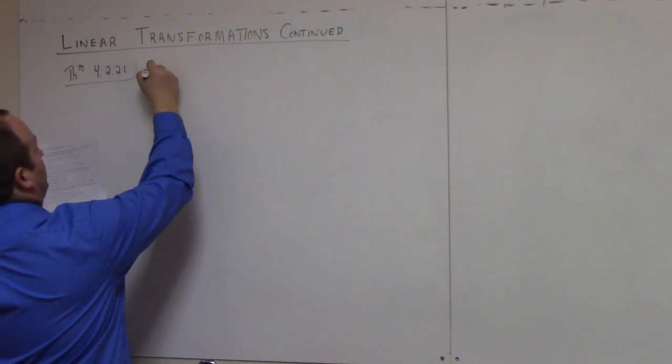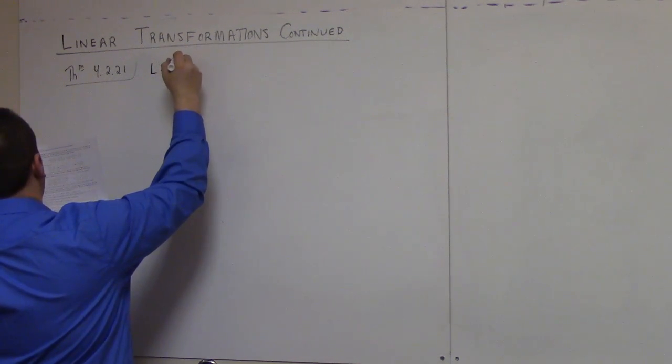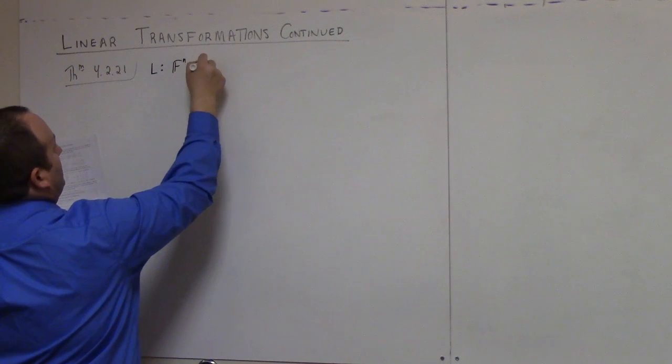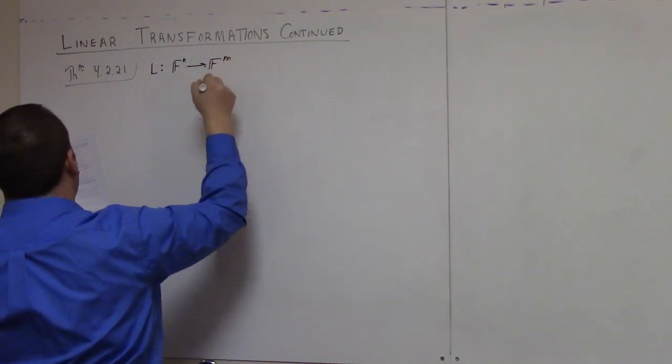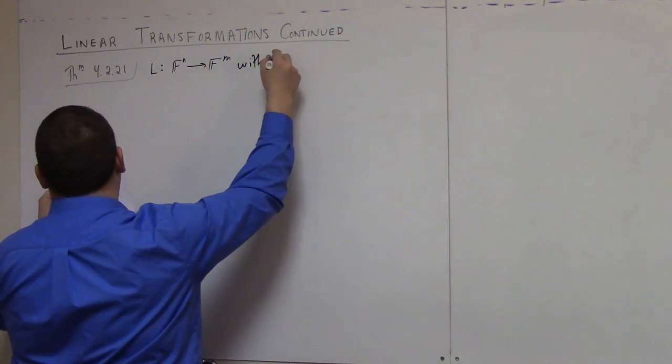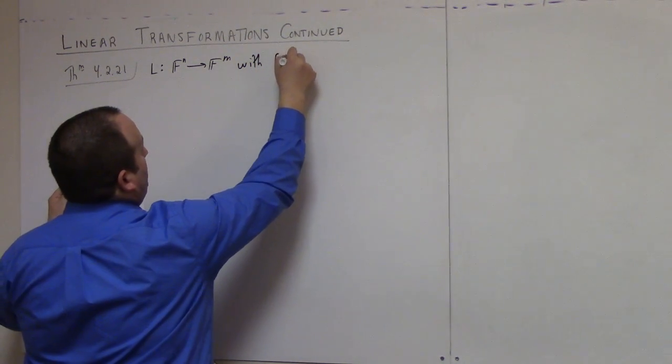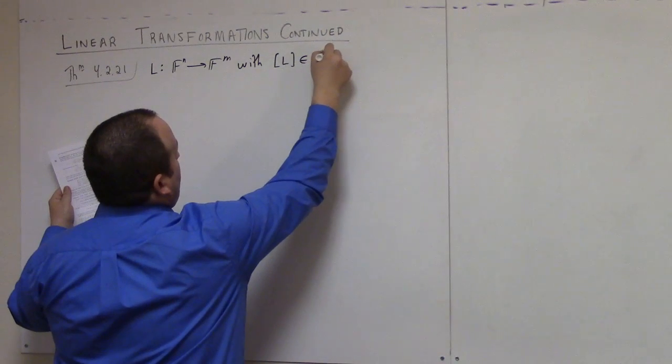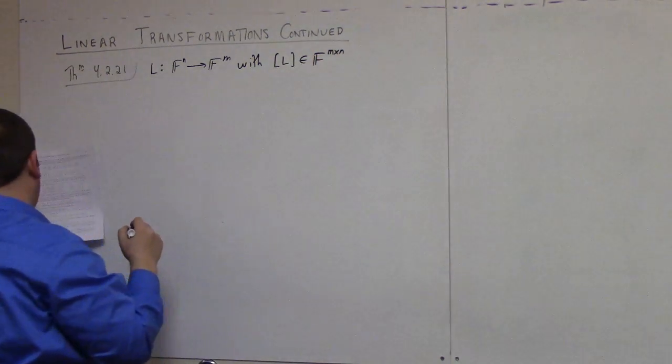It's really simple. If we have a linear transformation L from Fn to Fm, okay, column vectors, and the standard matrix, as we proved, exists today, L, which would be an element of the m by n matrices over the field.